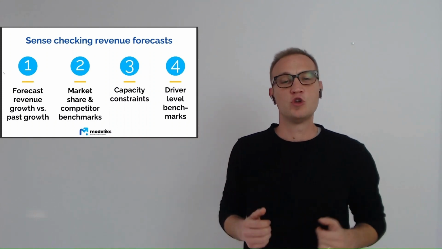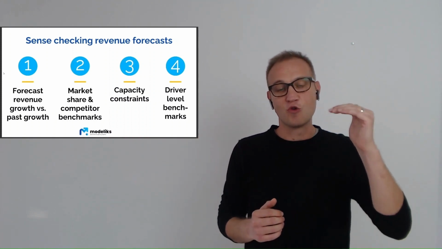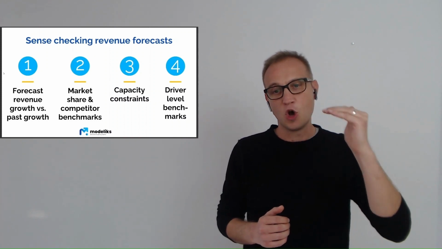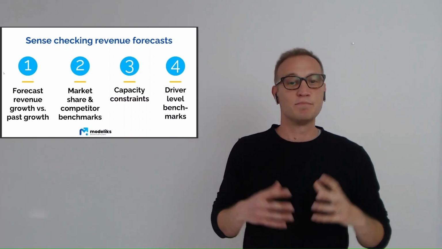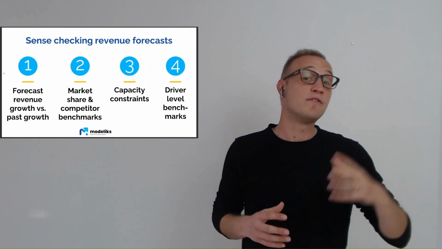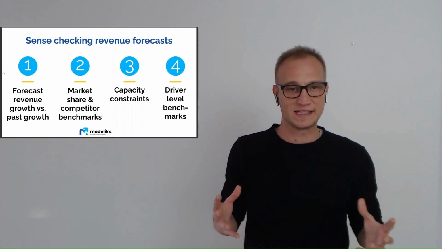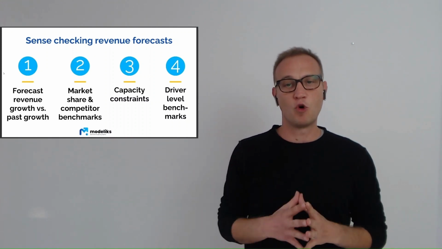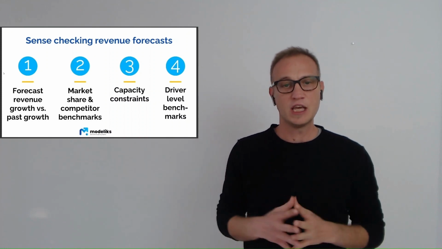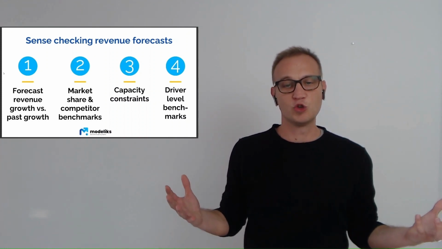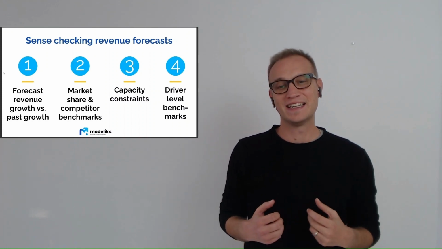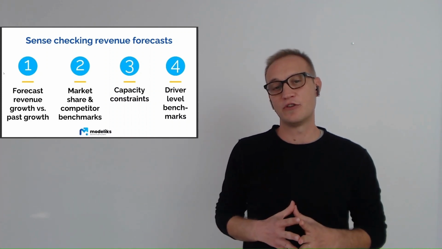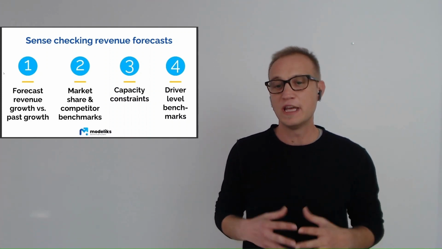And number four, you should always benchmark your revenue assumptions on a driver level versus market and competitor data and versus historical performance of your own business. Once you've gone through these four sense checking methods, you should have defensible and easily explainable revenue forecasts that anyone you present to can buy into.